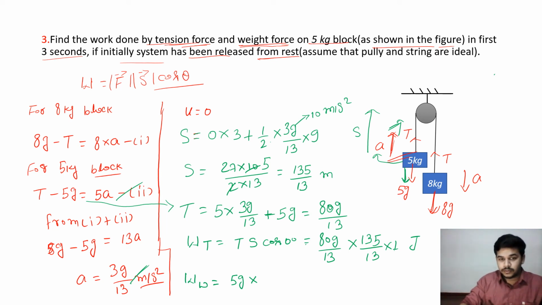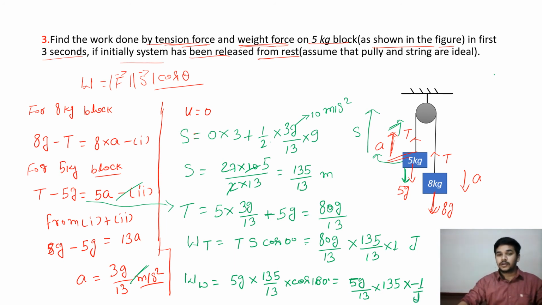Substitute the displacement, 135 by 13, into cos 180 degrees. We already know the value of cos 180 degrees is -1. So it will be 5g by 13 into 135 into -1. You can see here the work done by weight force will be negative. Why is it negative? Because displacement and weight force are in opposite directions.